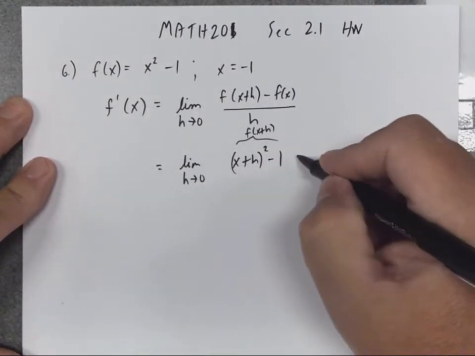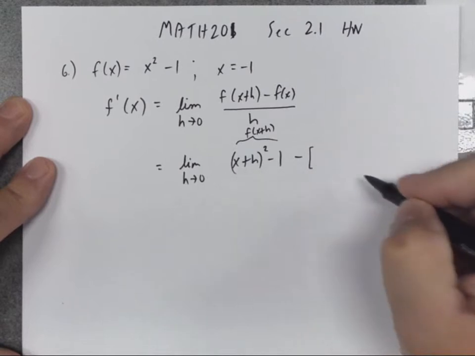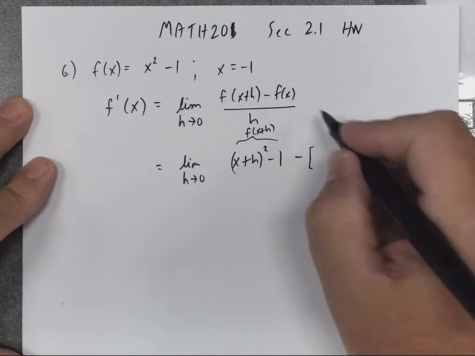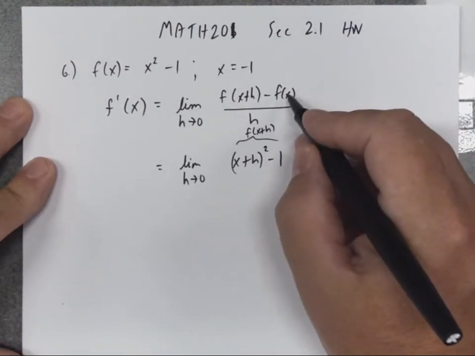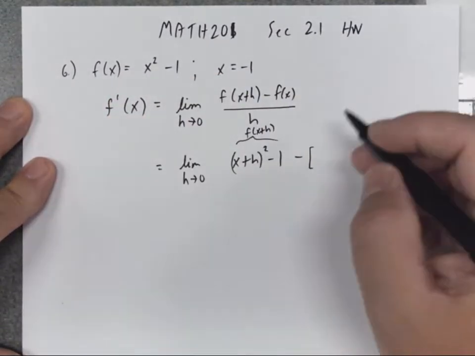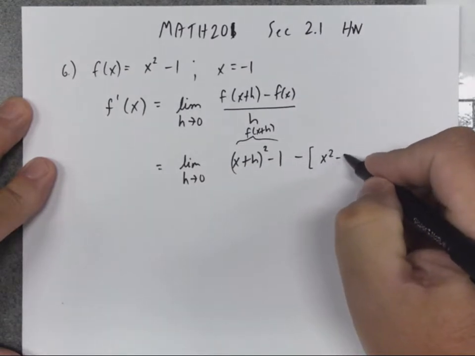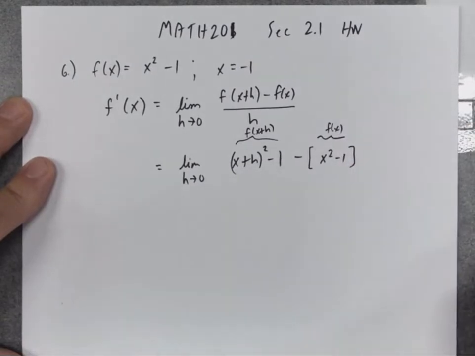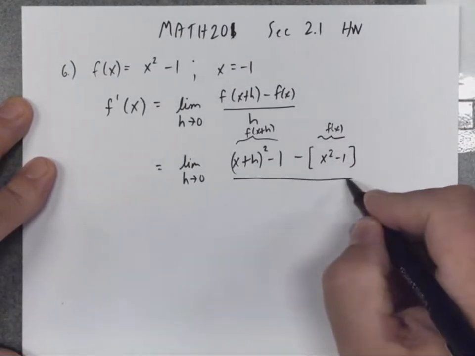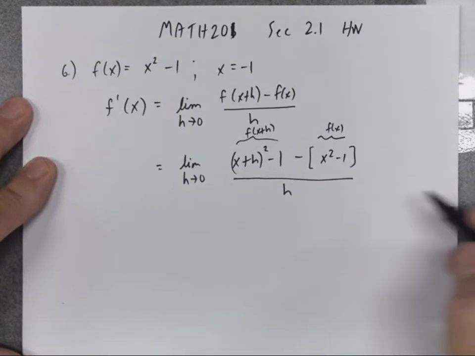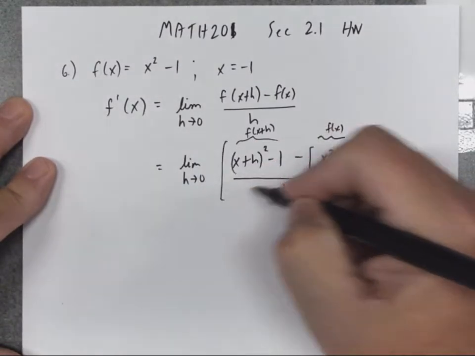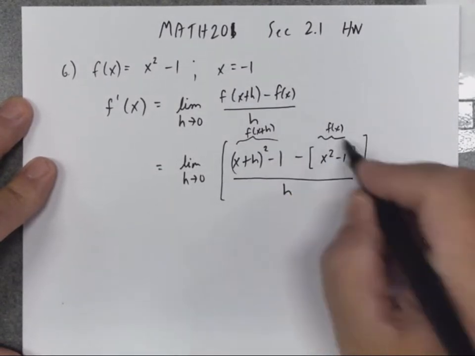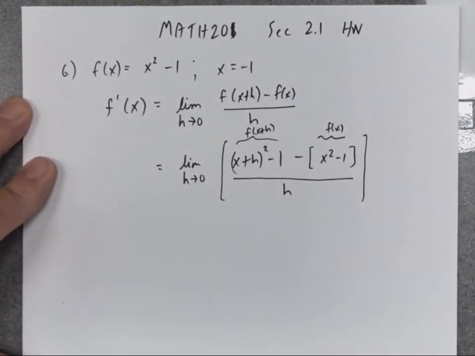Now it says to subtract f of x, and just to be very careful, I always put brackets here to make sure I subtract everything inside, all of f of x. Well, here's f of x, x squared minus 1. And this whole thing goes over h. Sometimes I put big brackets around the whole thing to say the limit of this whole thing as h approaches 0.